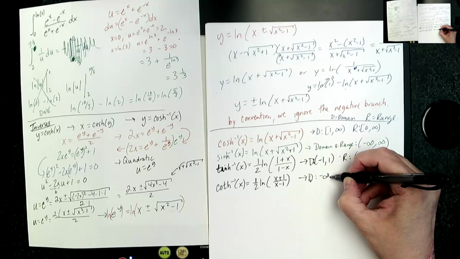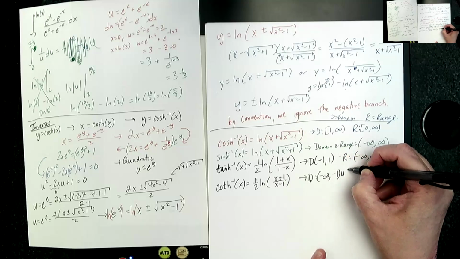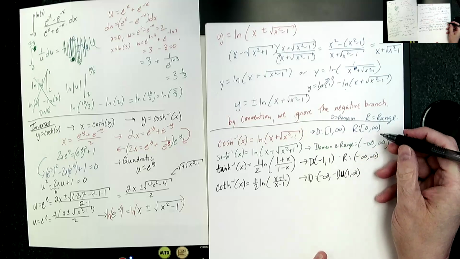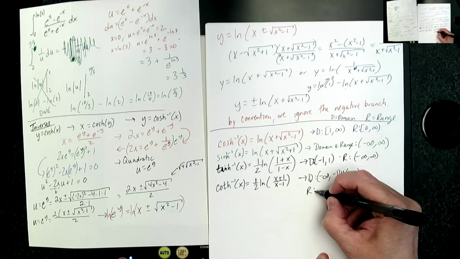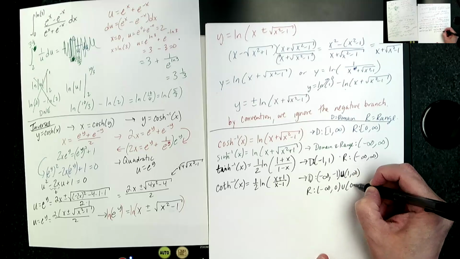The domain is negative infinity to -1 in union with 1 to infinity. And this one's the worst one. Negative infinity to 0 in union with 0 to infinity.